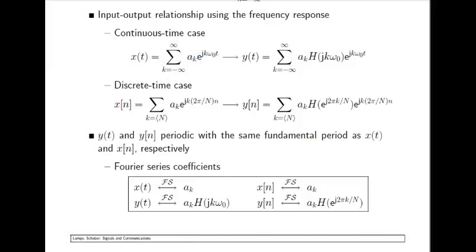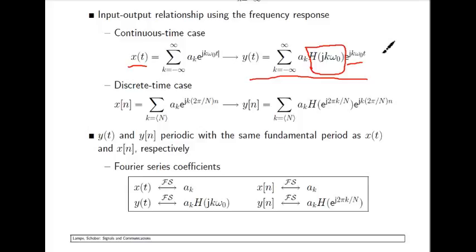So y of t, the frequency response related with the input signal x of t, will be the summation of a k e to the power j k omega naught t, which will remain the same, and we'll just get multiplied with H of j k omega naught, which is similar to the frequency response of complex exponentials, which I told you in the 7th tutorial where I started this unit.